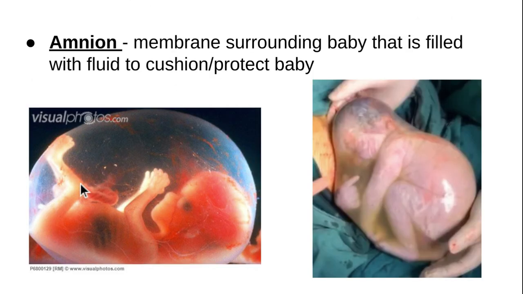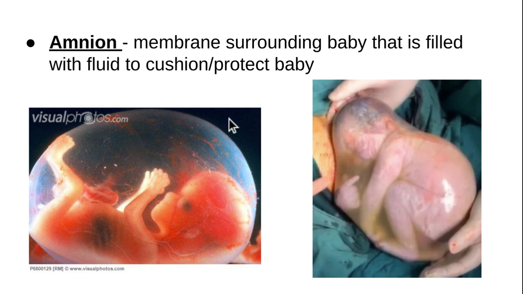So when the baby is in the uterus, there's a membrane that forms called the amnion. Sometimes you'll hear it called the amniotic sac. And basically, it is filled with fluid, and that protects the baby. Really, really rarely, sometimes babies are born en caul, which means they're born in the sac.